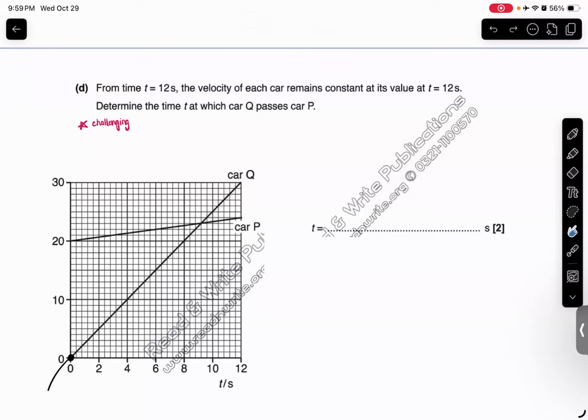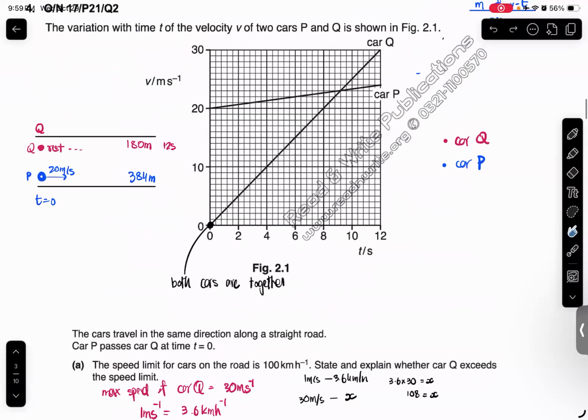Because if you understand the question, initially car P was already moving. It clearly traveled more distance, right? We calculated it to be 264 meters, and car Q, because it started from rest, only traveled 180 meters.